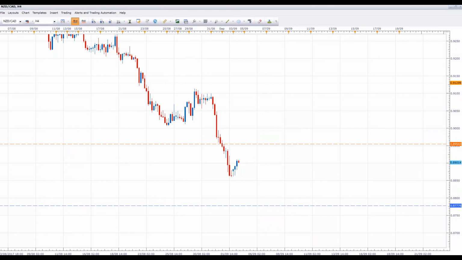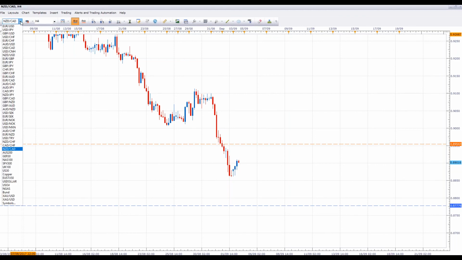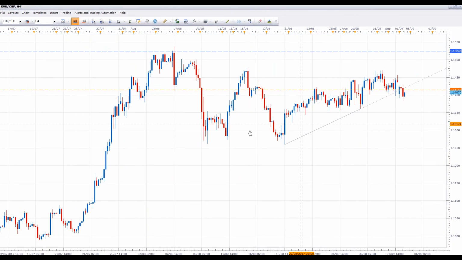And let's just see what else we can have here. Let's go to the Euro franc. Now the Euro franc is setting up as quite a nice one.